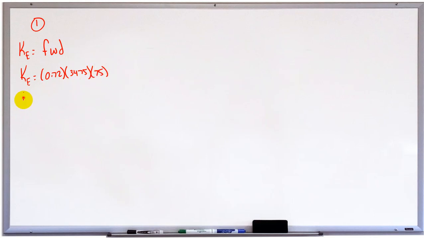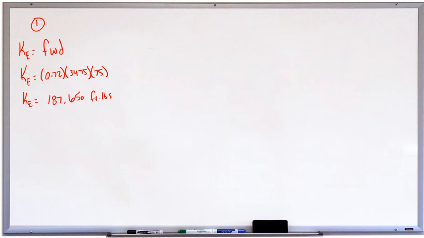I multiply all 3 of those things together, and I've got a kinetic energy on the first surface of 187,650 foot-pounds.